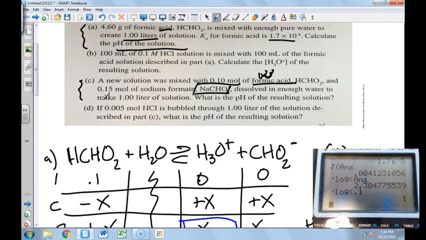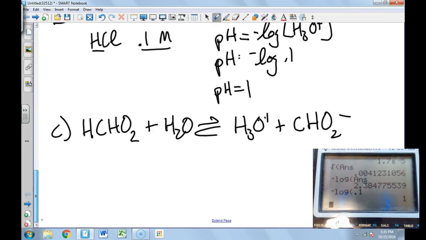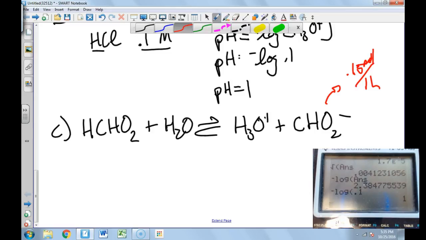Now, let me just make sure we have the concentrations correct. It's 1 liter of solution, so it's 0.15 moles of sodium formate, the formate ion, and 0.1 moles of formic acid. Let me change colors just to make it a little easier. This guy is 0.15 moles per 1 liter, and so this concentration here is going to be 0.15.